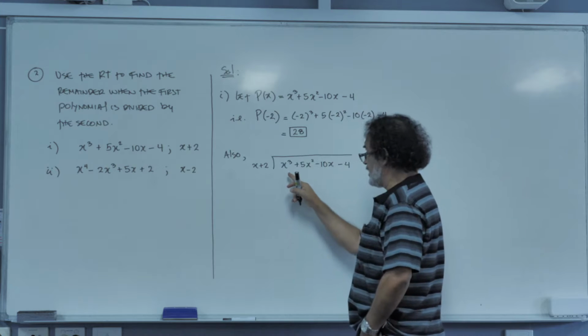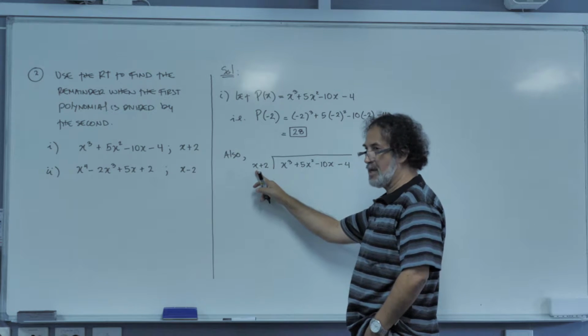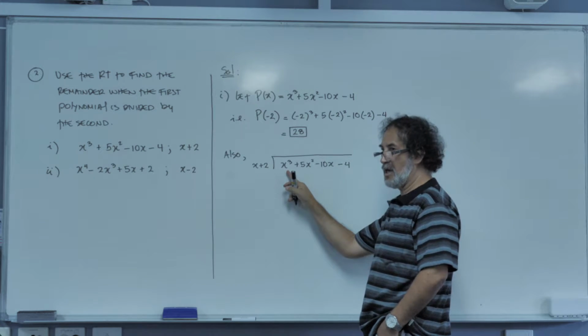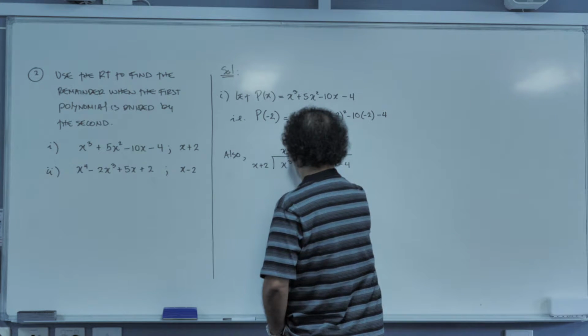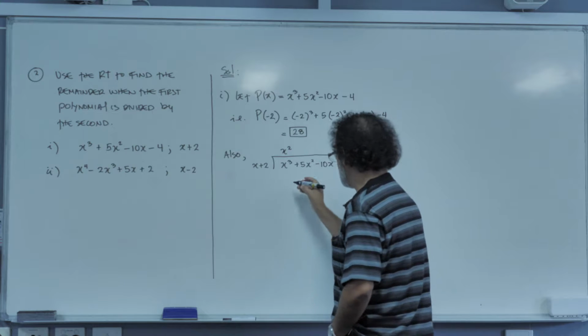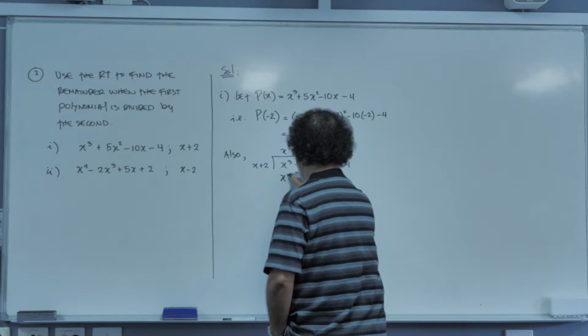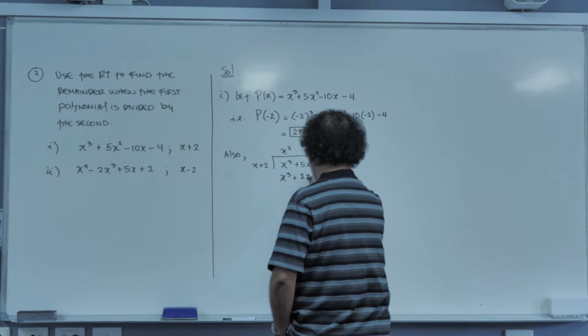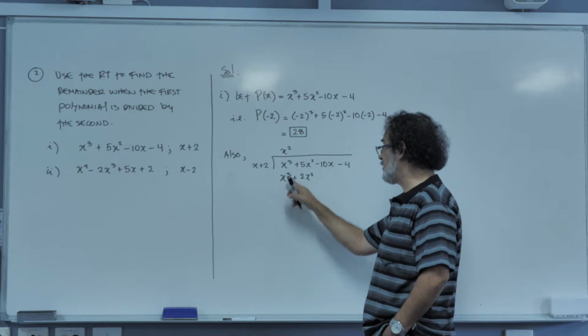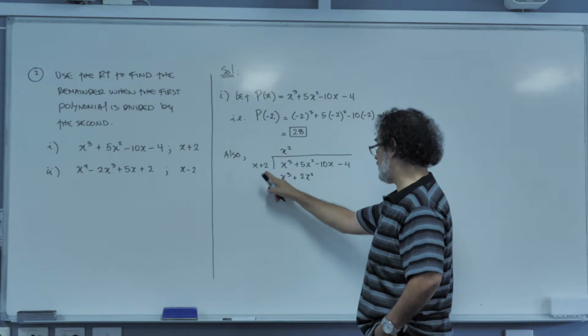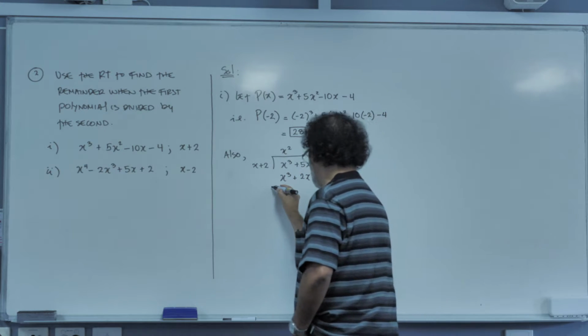So here we go. You know that you have to multiply x by x squared to get x cubed, so we're going to put x squared on top. Then you multiply x squared by x, which is x cubed, and when you multiply x squared by 2, you have 2x squared.